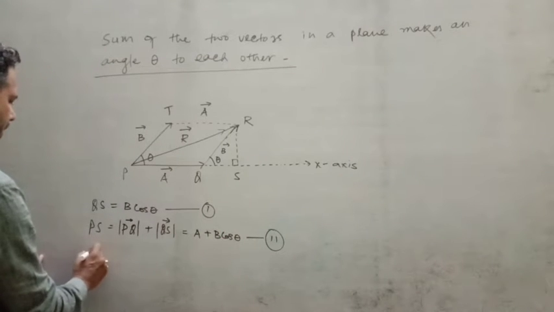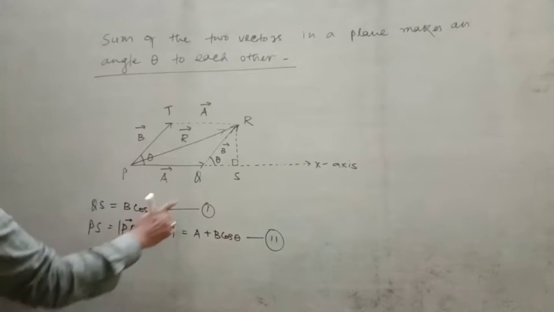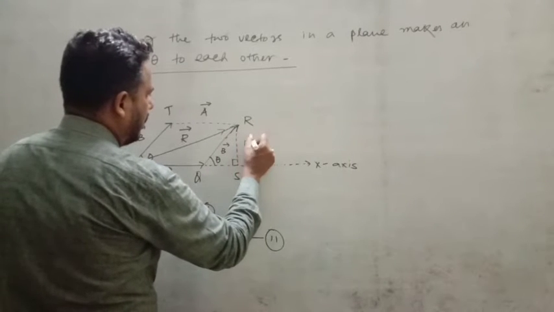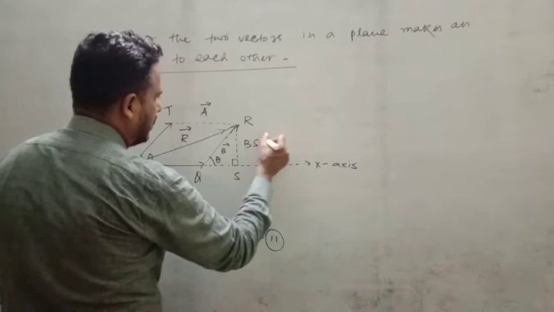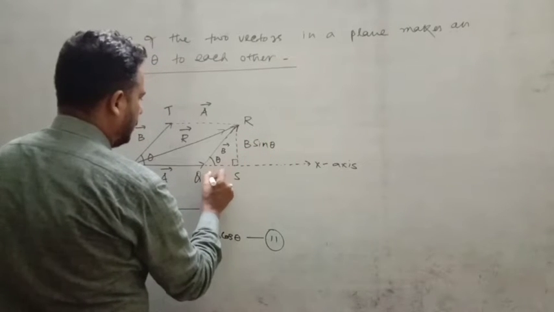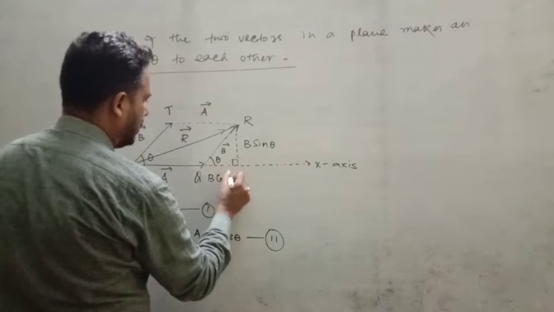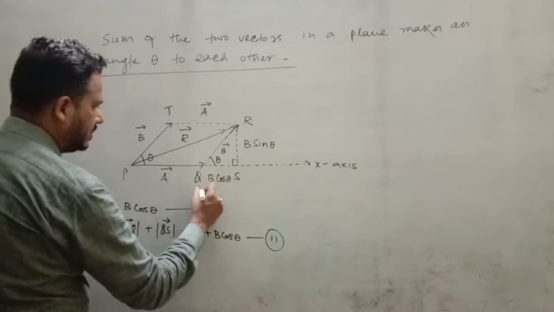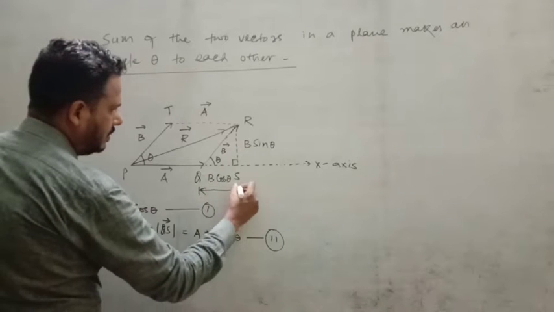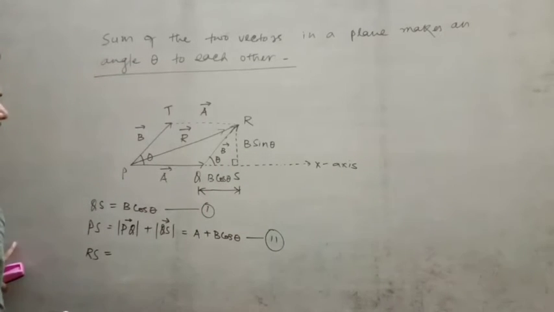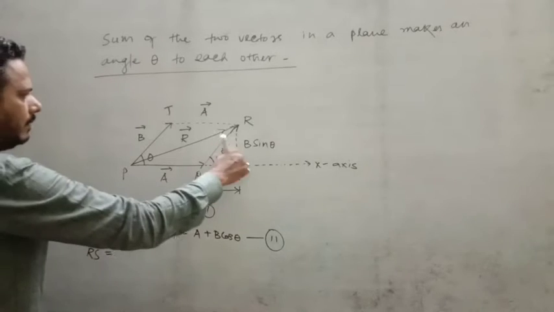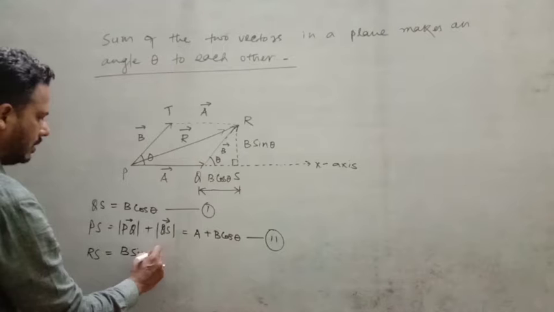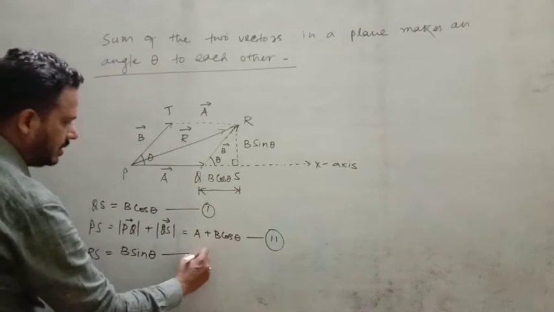Since QS is B cos theta, RS is B sin theta. This is equation 3.